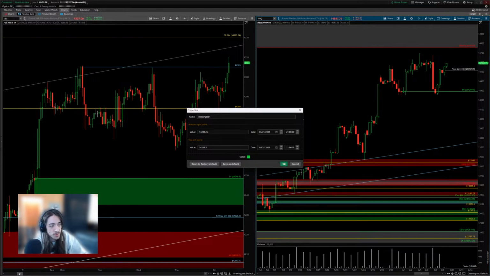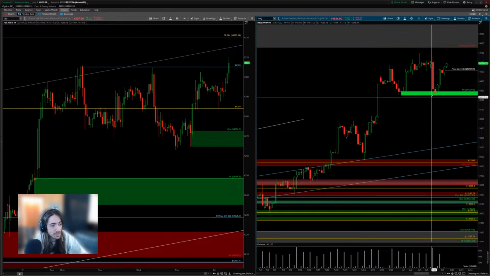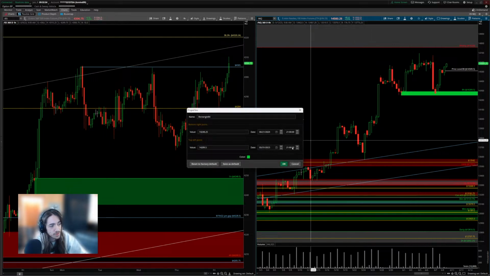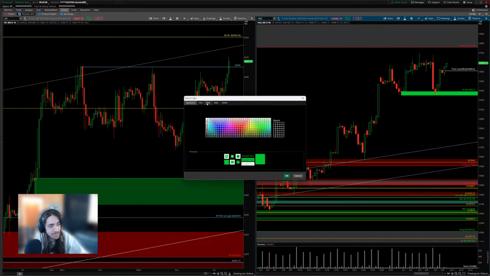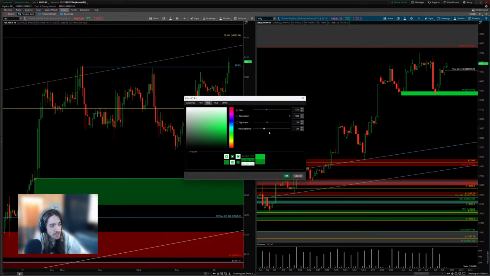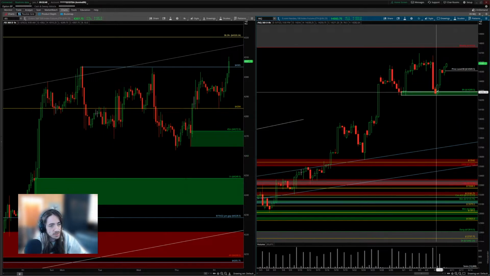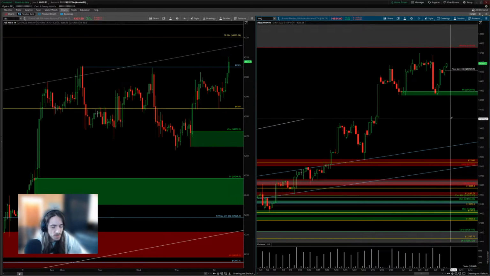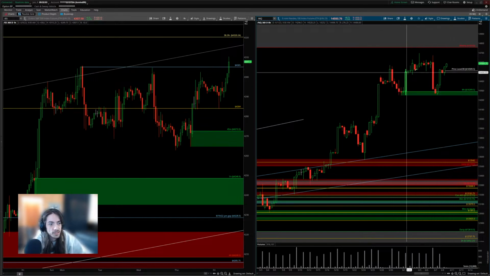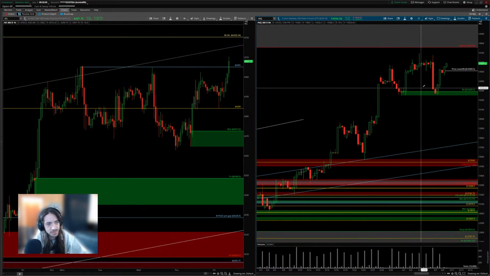But if you make it green just like that, it's going to be a bright green, and you cannot see the candles when we're in there. So when you're in the color, you go to more. Once you have green selected, you go to this little tab, HSL, and bring up the transparency to about 70. That makes it so much easier to see the candles. Now when we're in that zone, we won't see a bright green rectangle. It'll be easier to see the candles.